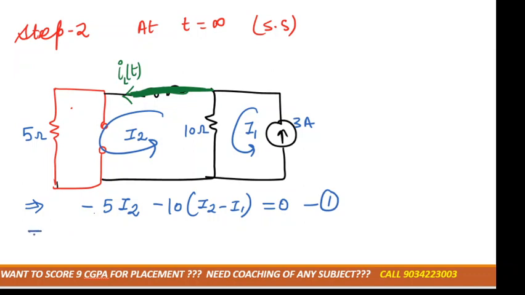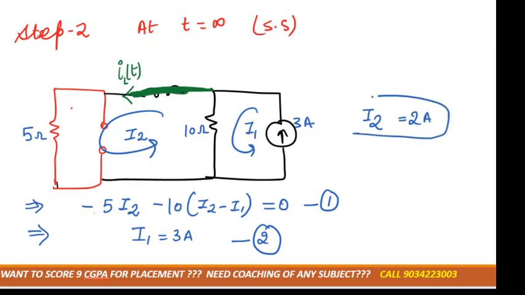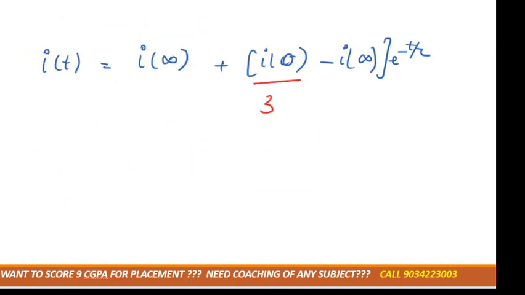Tell me the second mesh equation. So we can simply solve it, and then we'll get the value of I2 also. Then we'll get it as 2 ampere. Okay, now we got this one also, that is I of infinity as 2 ampere, right?